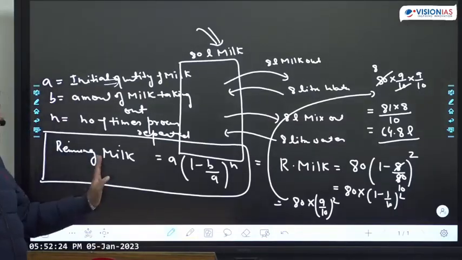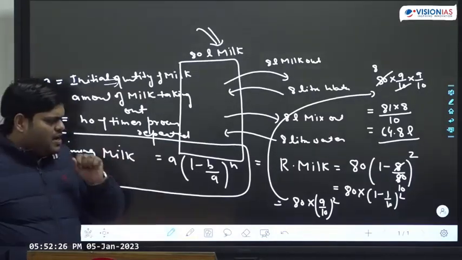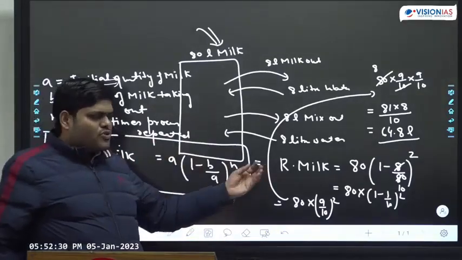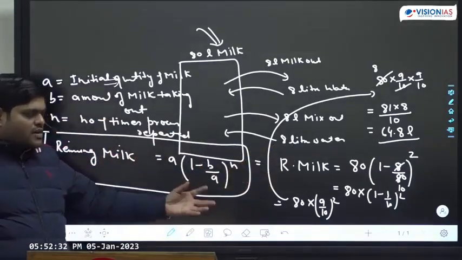Here also again I will suggest to remember the formula. We can do it without the formula also, but some concept is required there, which sometimes is difficult.